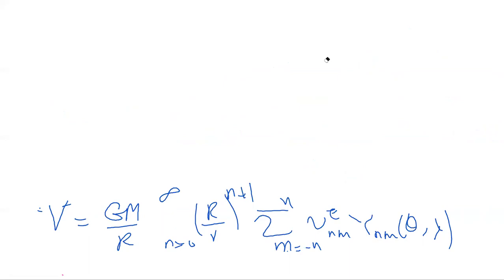Oh my god, I missed the density, rho as well. It can go inside this potential.